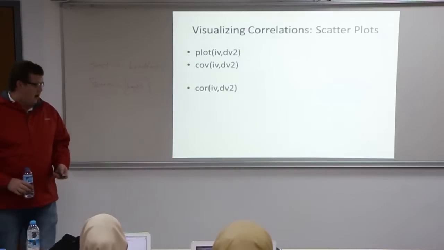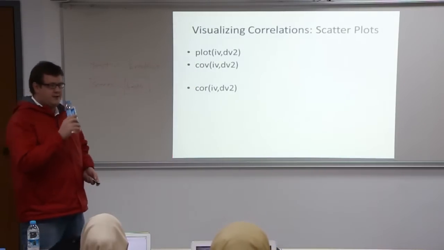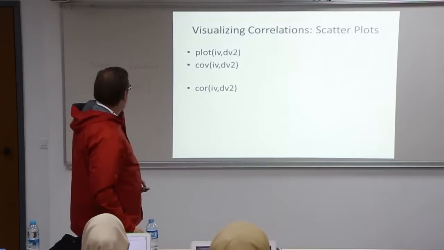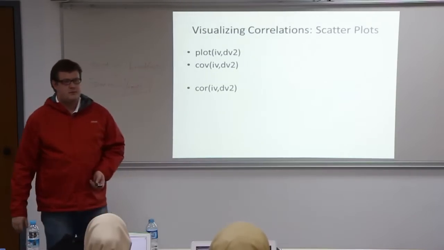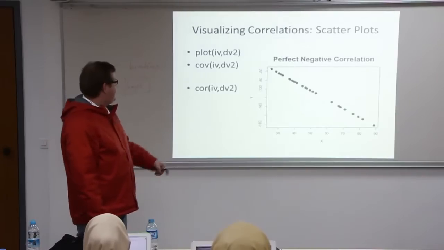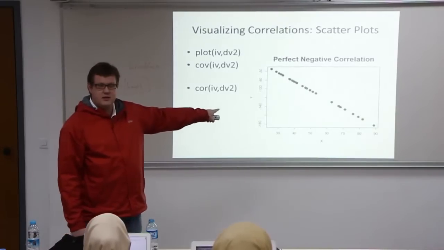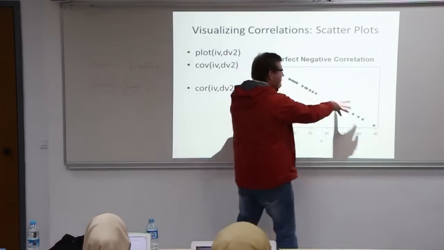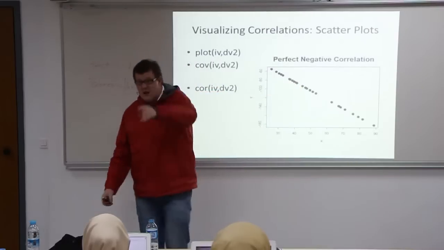Okay, so let's take a look at a different correlation. We use our second dependent variable for this set. Negative, perfect. It's a perfect negative correlation. So you should see something that looks like this. Mine is a little bit different from yours because the code that I use specifies different parameters to make this look better.